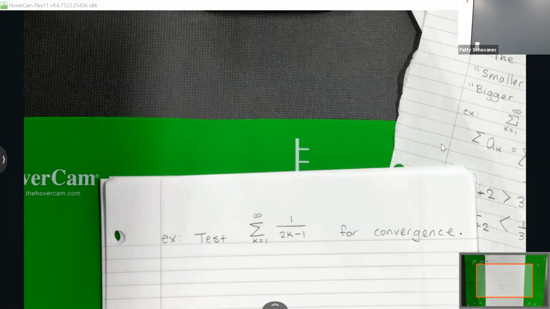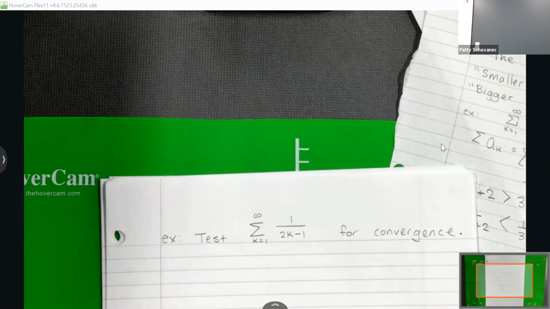And when you integrate this, you get a logarithm. So you're going to get some constant times the natural log of 2x minus 1. We're going to let x go to infinity. The logarithm is going to go to infinity. So we can show with the integral test that this is going to diverge.